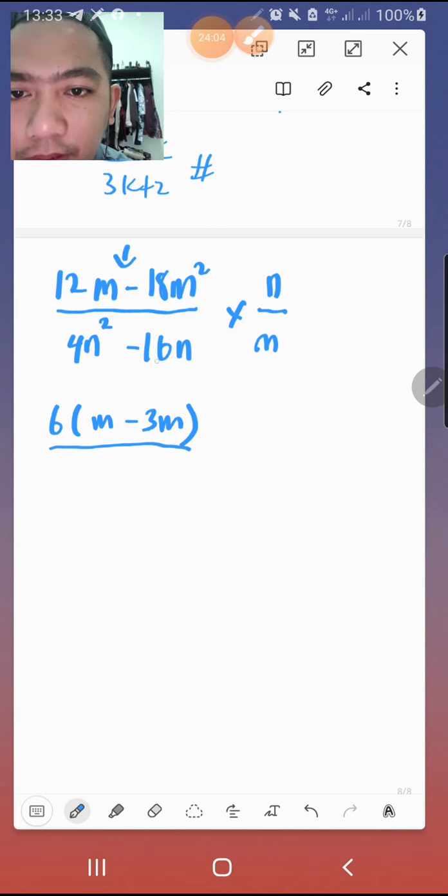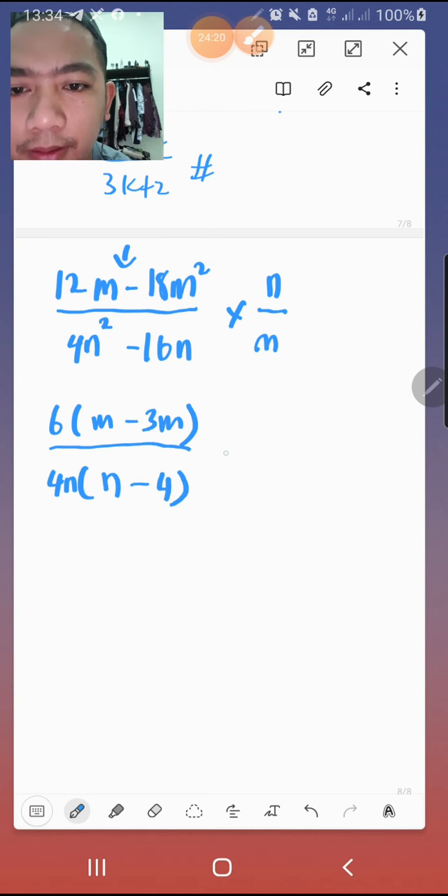This one, 4 and 16, take the smallest number, 4. 4n times n over n minus 4, alright, times n over m.